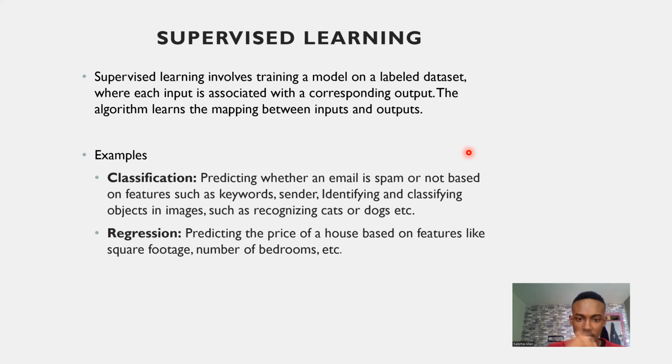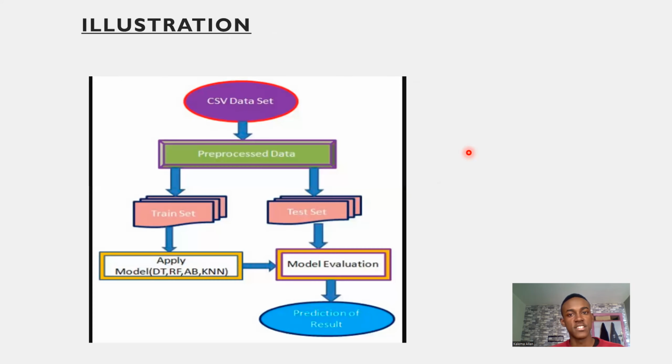Then regression is predicting the price of a house based on features like square footage. I've explained this earlier, but this is in relation to our project. We have the CSV data set, the information data set for the heart disease or patient data set. It will be processed so that you can remove incomplete data and noise data, as they call it.